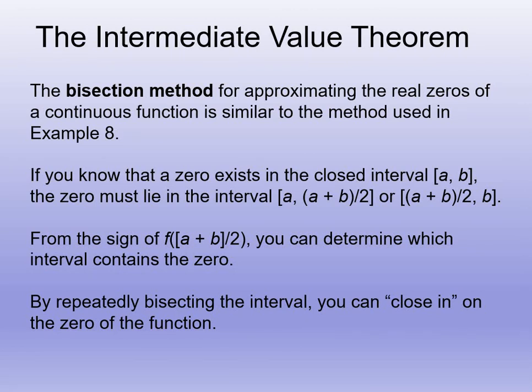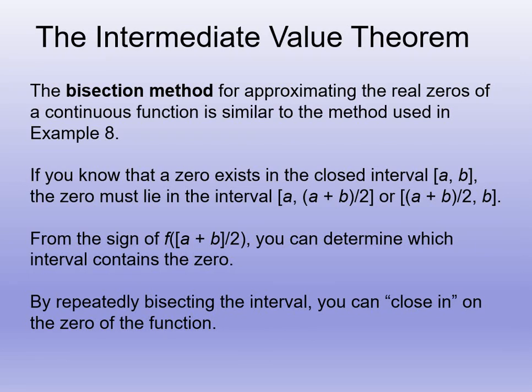We can look at the sign of f of a plus b divided by 2, and determine which interval contains the 0. This one's not as common. If you want to apply it, you can, but just looking for the sign change is very easy for us using the intermediate value theorem.